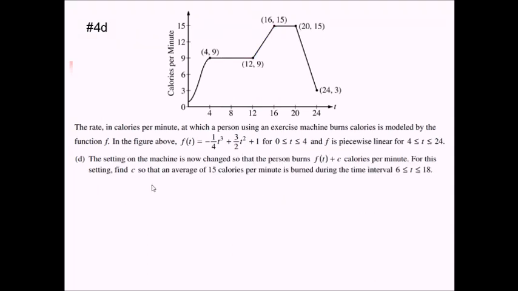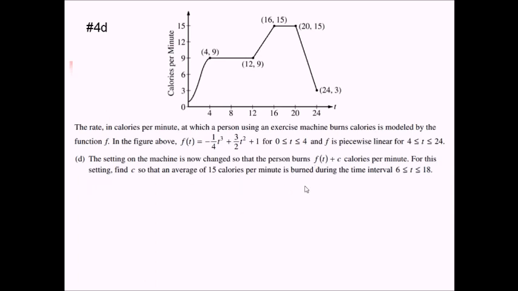For part D, the setting on the machine is now changed so that the person burns f of t plus c calories per minute. So this whole graph essentially is getting shifted by some amount either up or down. So for this setting, we want to find c so that an average of 15 calories per minute is burned during the time interval 6 to 18. Well, if I'm talking about average value, I'm going to set this up like an average value problem.